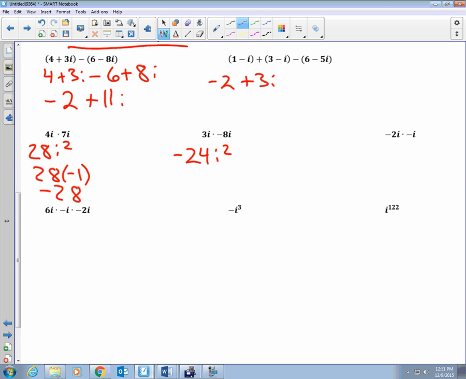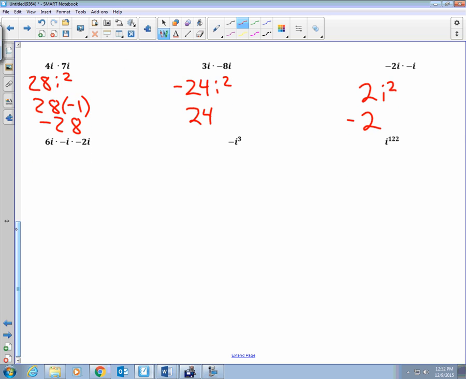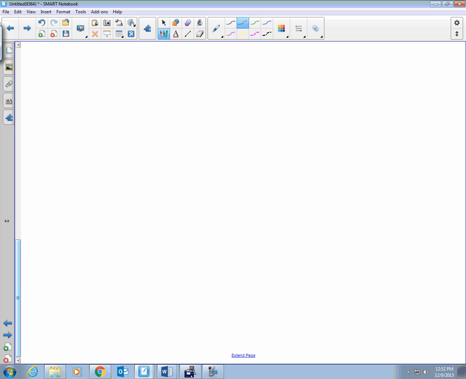And because i squared is negative 1, we can switch the sign, positive 24. Negative 2i times negative i would be positive 2i squared. i squared is negative 1, negative 2. Try the next one on your own.